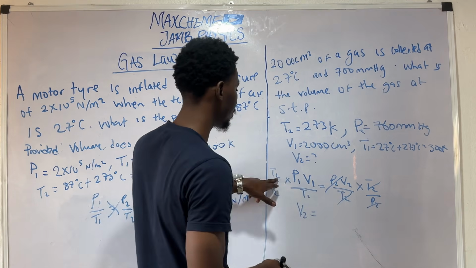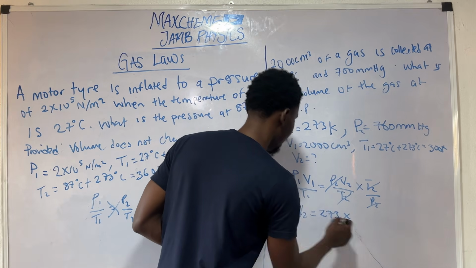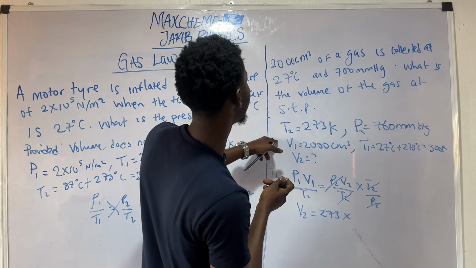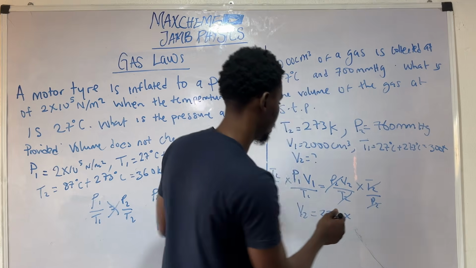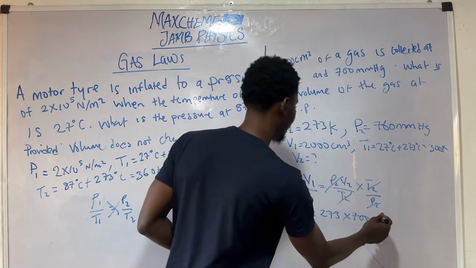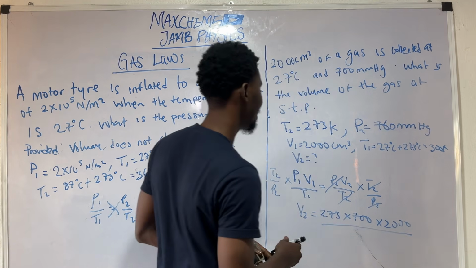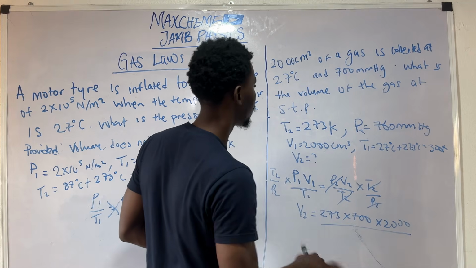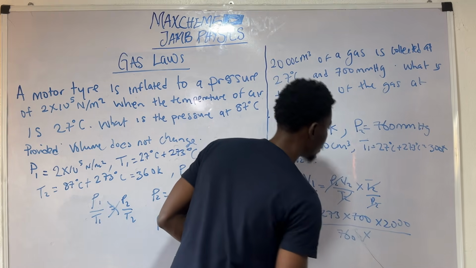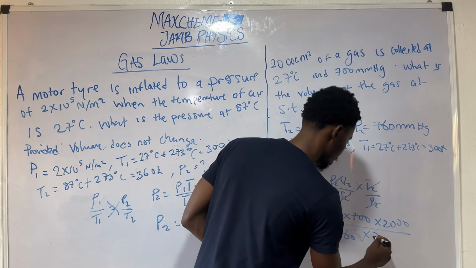So punching this in my calculator, I know that T2 is 273 multiplied by P1, which is 700 millimeter mercury. Multiplying it by V1, which is 2000, and dividing it by the product of P2 and T1, which is 760 times 300.